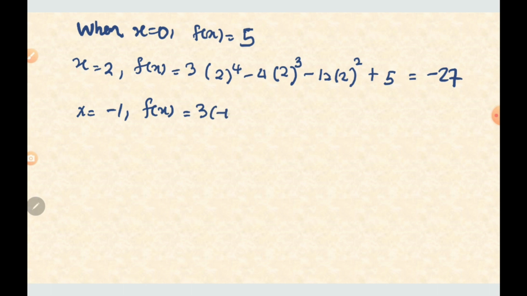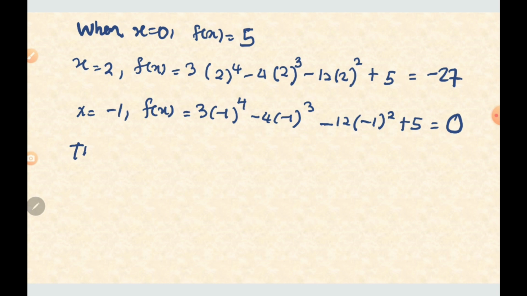And lastly, when x equals negative 1, f(x) will become 3 times negative 1 to the power of 4 minus 4 times negative 1 cubed minus 12 times negative 1 squared plus 5, and the answer is 0.